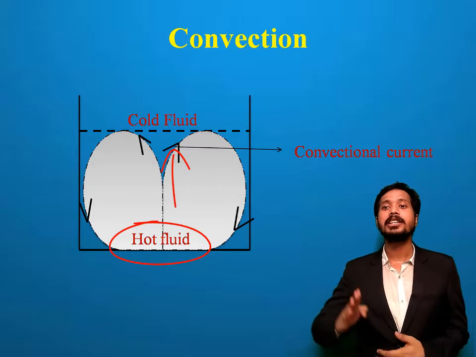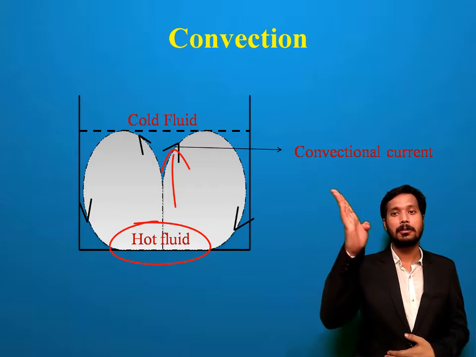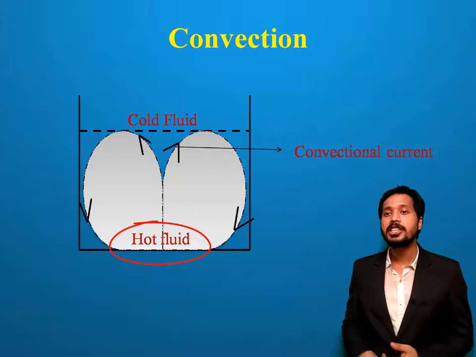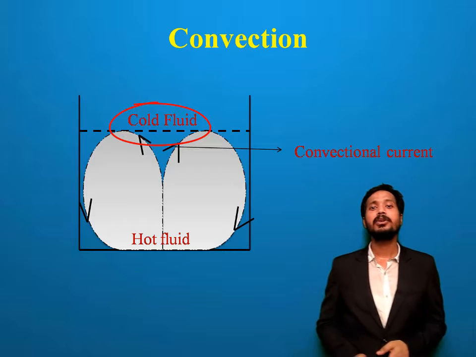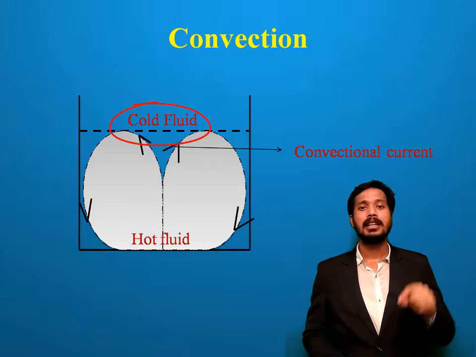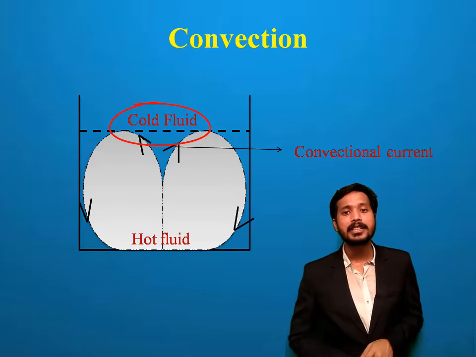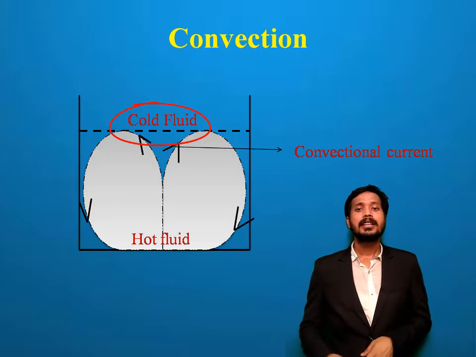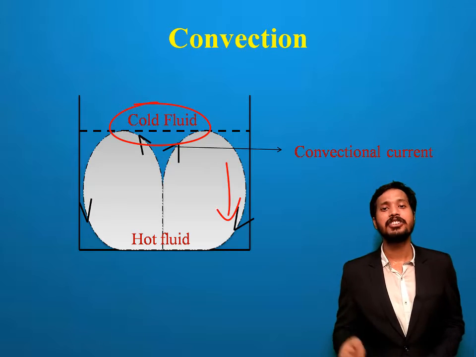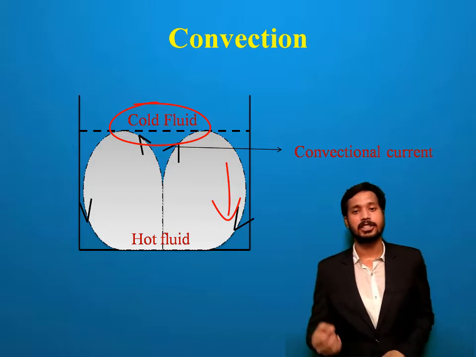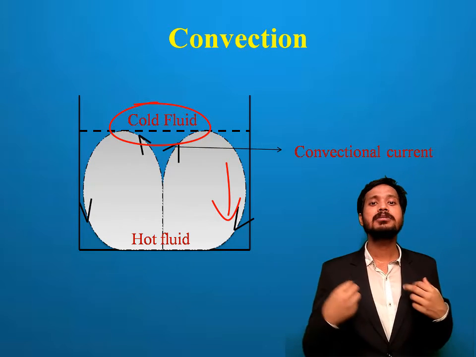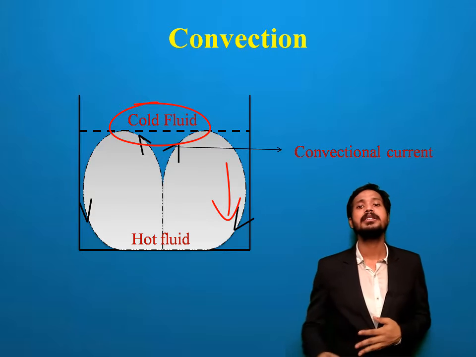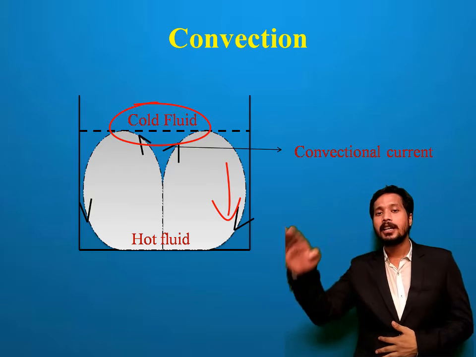So you see the hot fluid will start to go up, and then it reaches the cold region. In the cold region, the fluid temperature again becomes less. If the fluid temperature is less, then the density will increase, it becomes heavy.